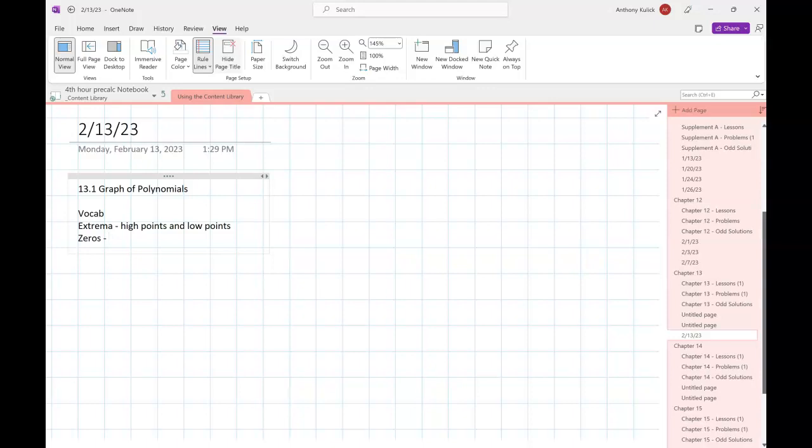When we talk about the zeros for a graph, what are we talking about? It's the same as the x-intercepts. So just the places where the graph crosses the x-axis.